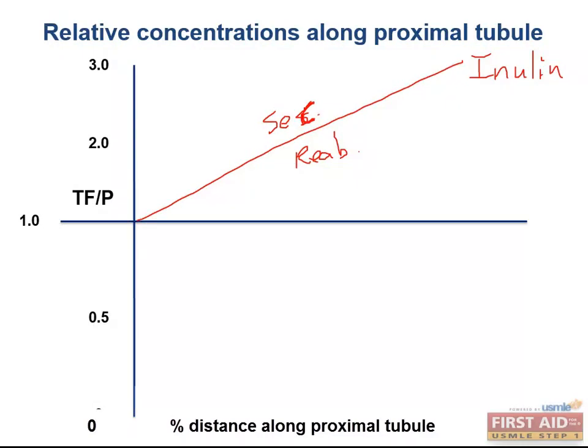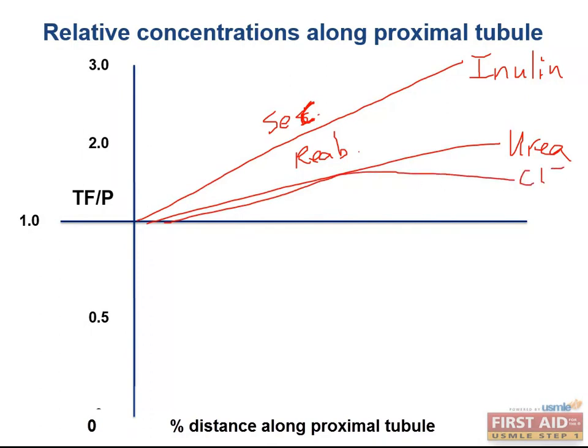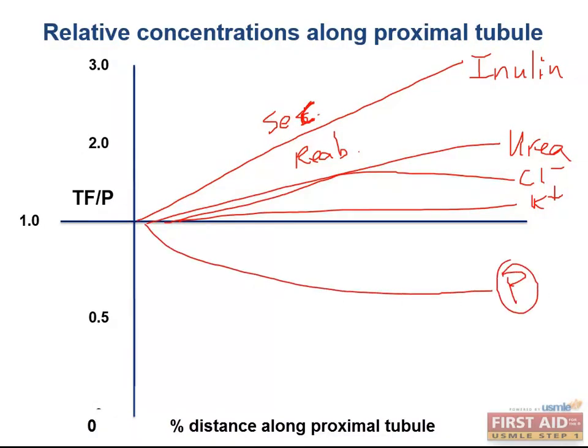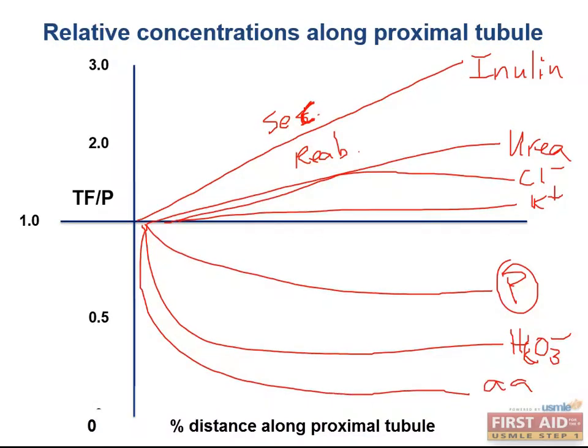This includes things like urea, ions like chloride, potassium, phosphate, and bicarbonate, as well as molecules like amino acids and glucose.